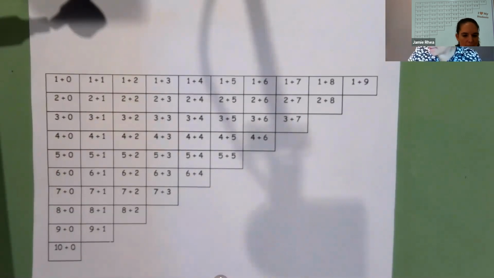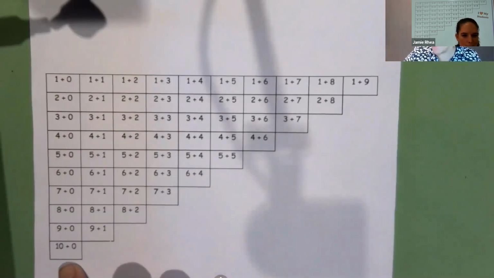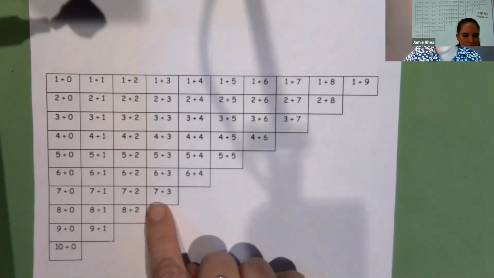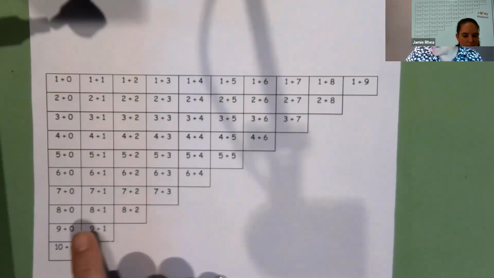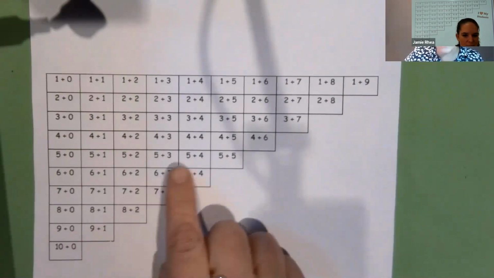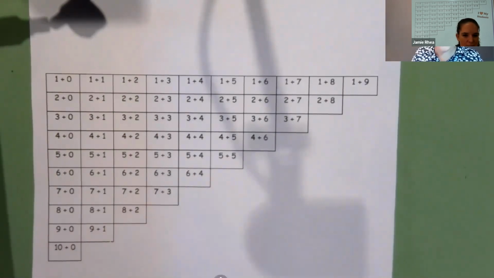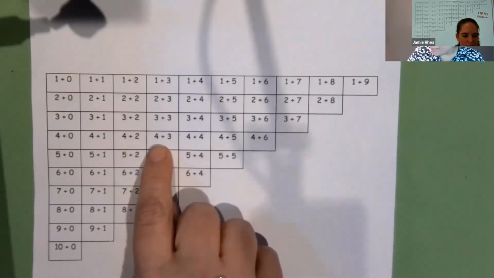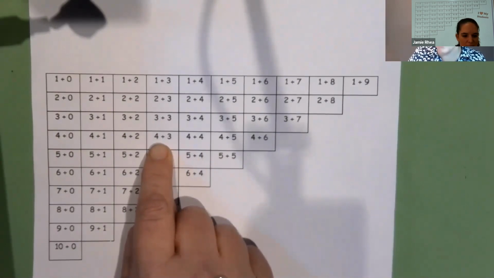Do you remember that the totals made a staircase? So if we look across the bottom, the total here would be 10, 10, 10, 10, 10. And then the next is 9, 9, 9, 9, 9. And all of the problems that are around each other are related. For example, let's go 4 + 3 = 7.